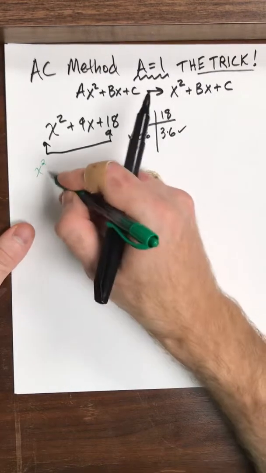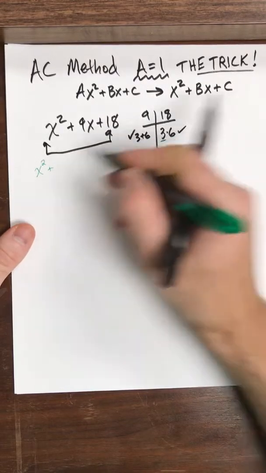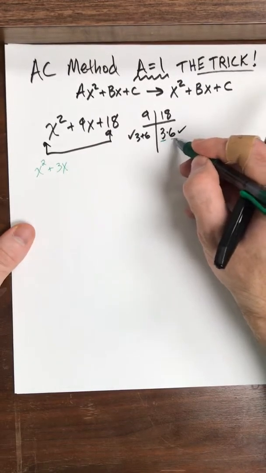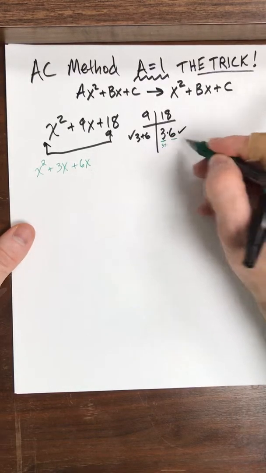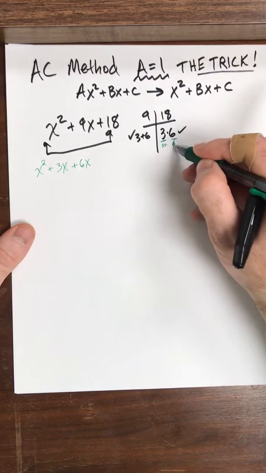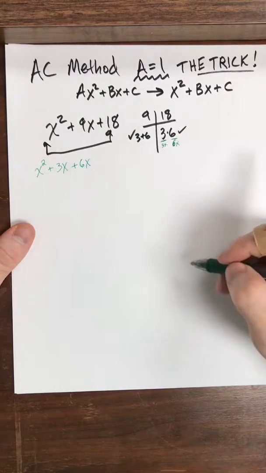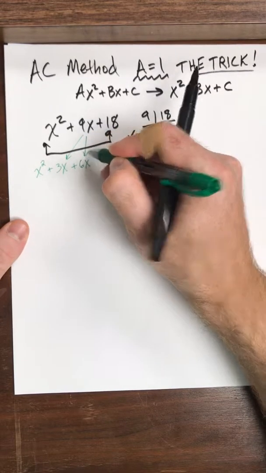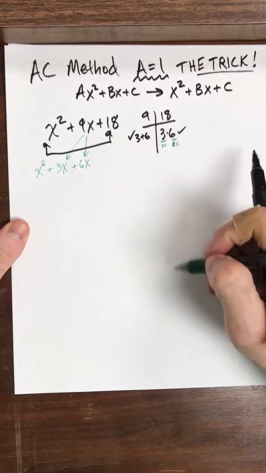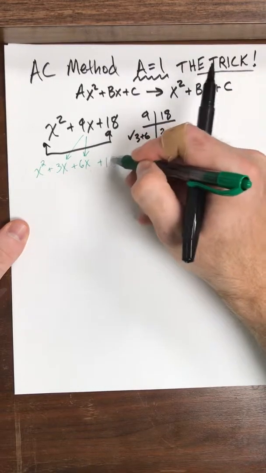So x squared plus my 3x plus my 6x, okay? The 3x comes here, and the 6x comes from right here. That's 9x getting broken up into 3x plus 6x. And then I have the plus 18.